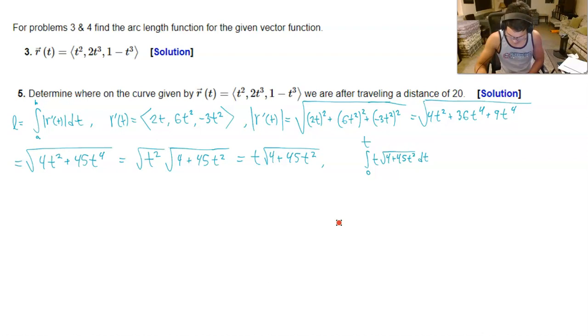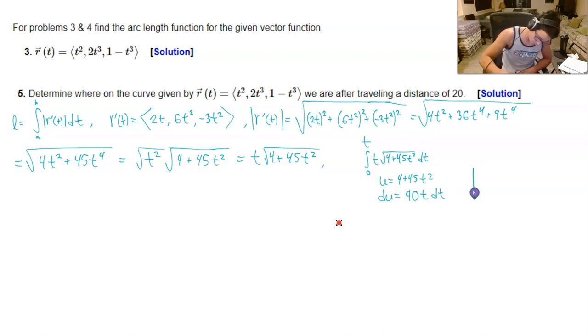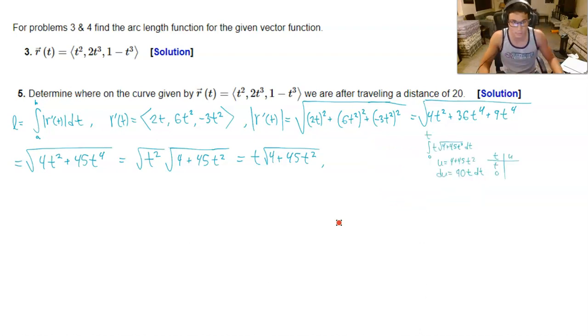If we do this, we're going to have to make a substitution. We'll do u equals 4 plus 45t squared. Then we see that du is going to be 90t dt.